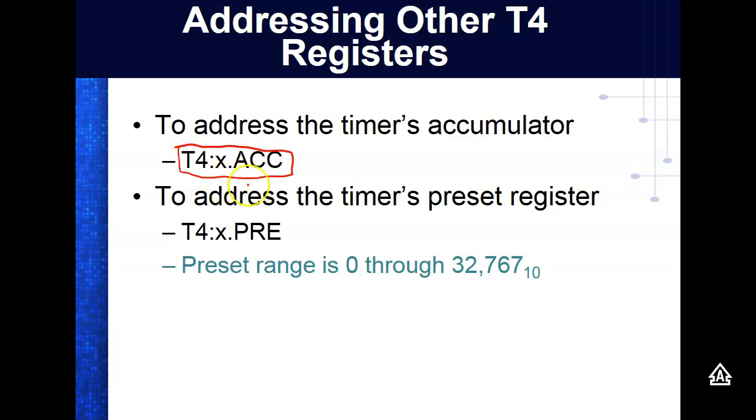So I'd put T4, then I would put the what? The timer number. We can have from 0 to 255. If I wanted to address the preset register, then I'd say T4, that would be the timer number, and then I would put .PRE. So I don't have to know it's word 0, 1, or 2, right? You understand that? All I need to know is the name of these registers.